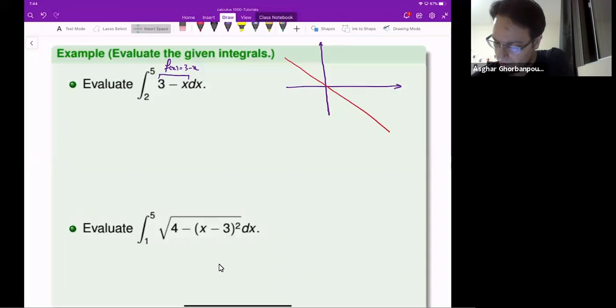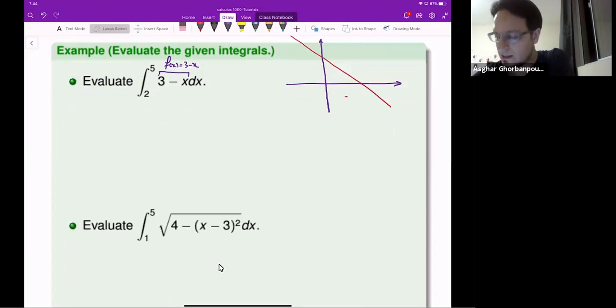I will shift that. Let me see. I can shift this up 3 units. That's 3 minus x. Here is going to be 3. And then this is from 2. And this is 4. This is 5.